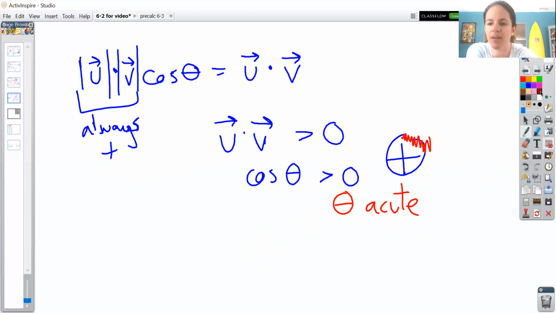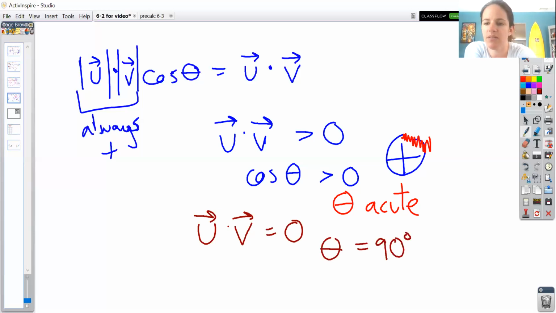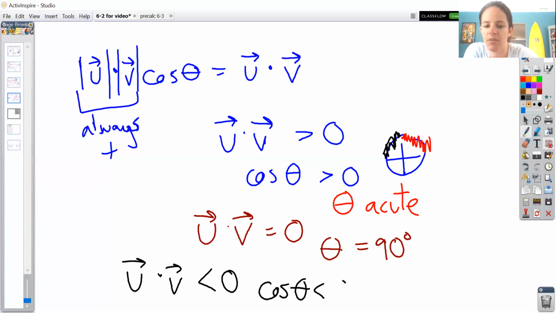If u dot v is 0, we already said that that means that theta is 90 degrees and that those are orthogonal vectors. And then last but not least, if u dot v is less than 0, or negative, right, then we're looking for a negative cosine value. So cosine theta would be negative, which means that theta is obtuse.